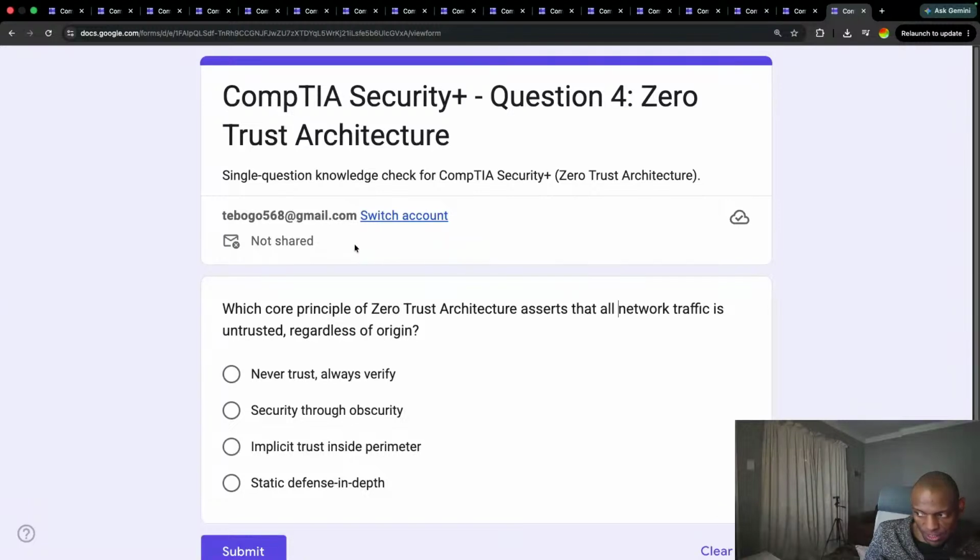All right, here's the next question. Which core principle of zero trust architecture asserts that all network traffic is untrusted, regardless of origin? The key word there is zero trust.